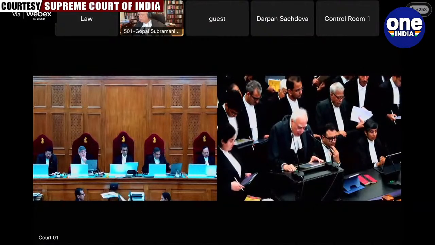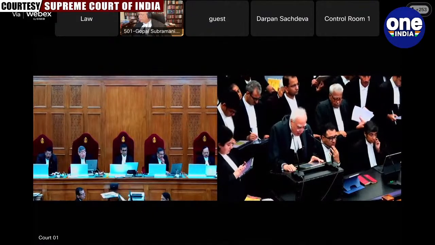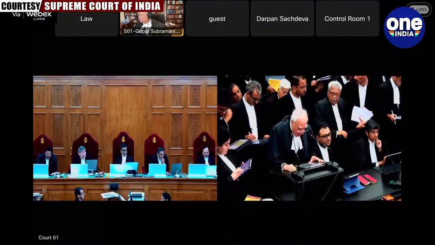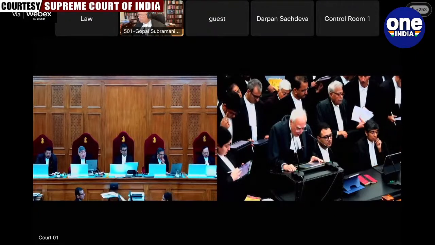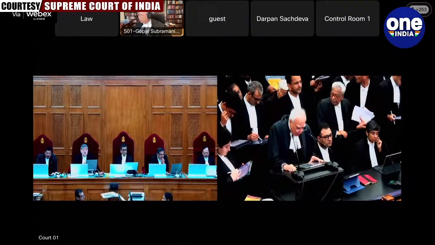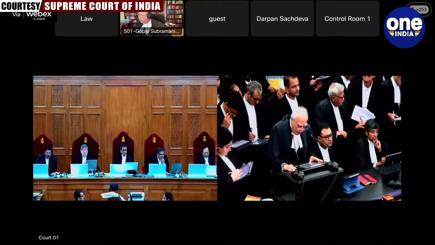If the respondents are right, the proviso can be completely deleted, since Article 368 can be amended. This would be wholly contrary to the scheme of Article 368 itself, because two agencies are provided for amending the provisions covered by the proviso. One agency cannot destroy the other by the very exercise of the amending power.